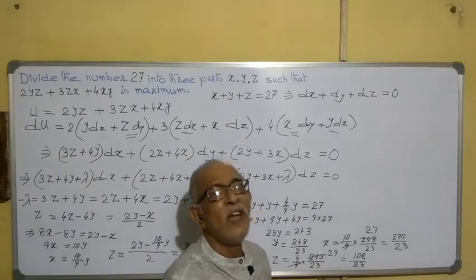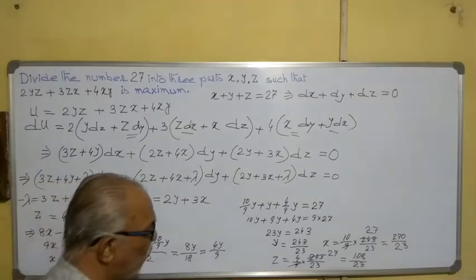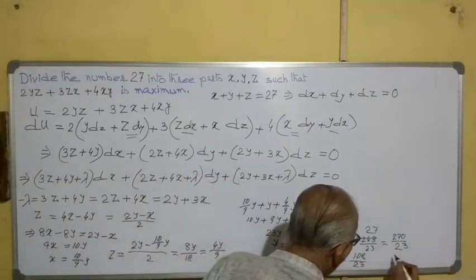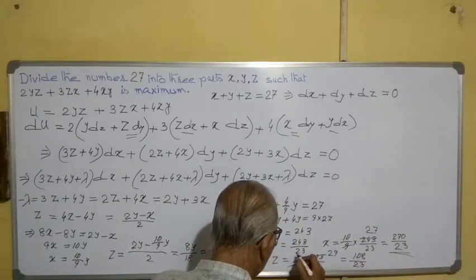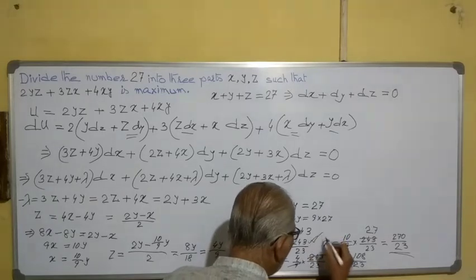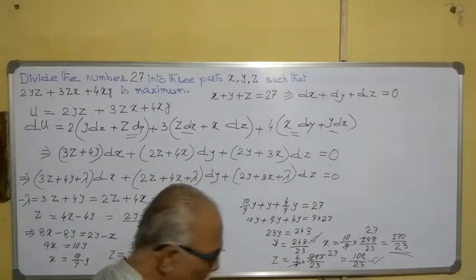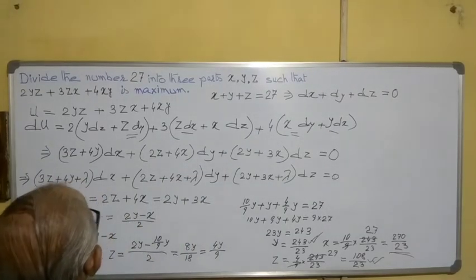For these values, u will be either maximum or minimum. This is the value of x, this is the value of y, and this is the value of z. Now we can proceed further.